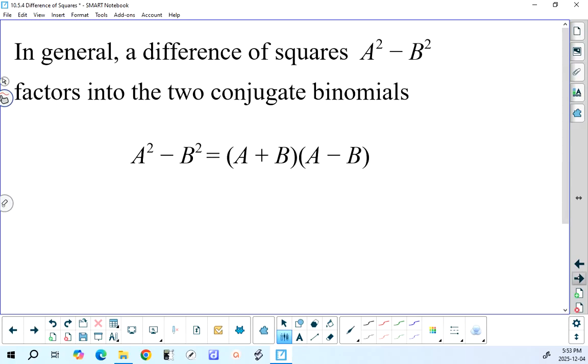So in general, a difference of squares is something squared minus something squared. In this case, I'm choosing to use a squared minus b squared, and it factors into a plus b, a minus b.